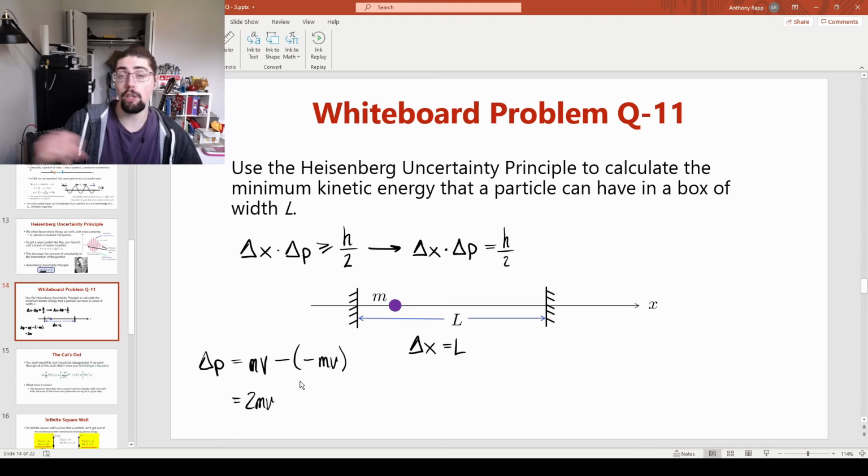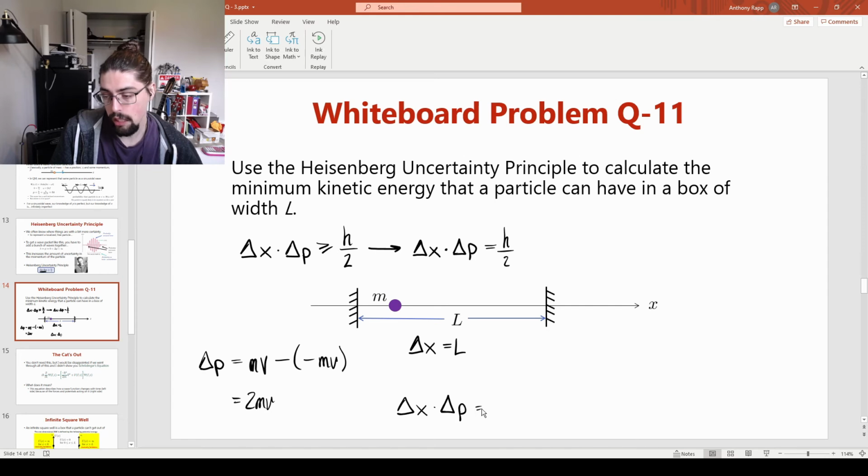Because it could be going left, it could be going right. Either way, not up for me to decide. That's the uncertainty portion. So now delta x times delta p is really equal to L times 2mv, which must be equal to h over 2. I mean, at a minimum, or it could be larger than that.